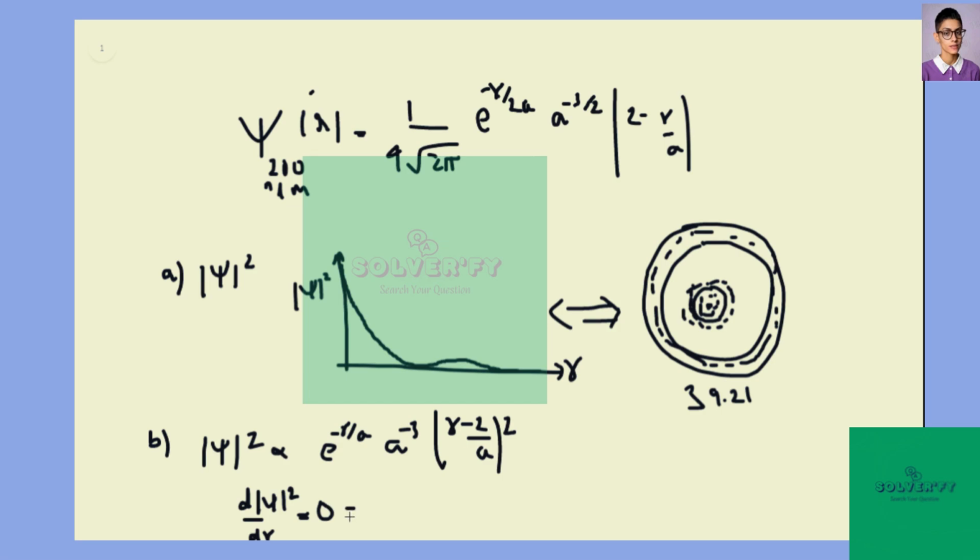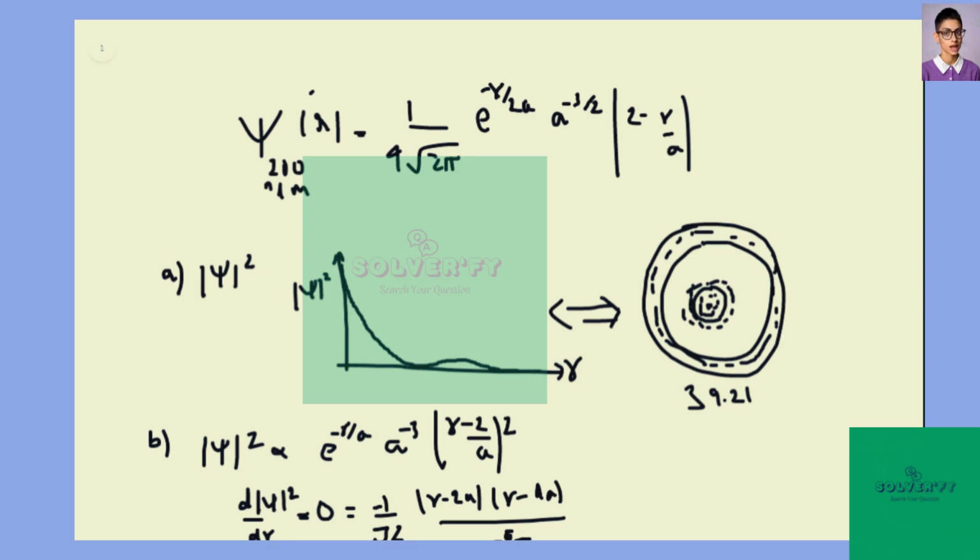When we differentiate and equate to 0, we get an equation like minus 1 over 32 ... this is the equation that we get. So as you can see, this equation is equal to 0.